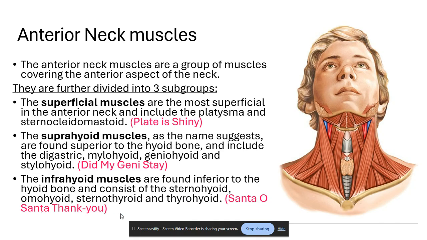Santa comes down the chimney, so that's like the infrahyoid muscles, coming down.